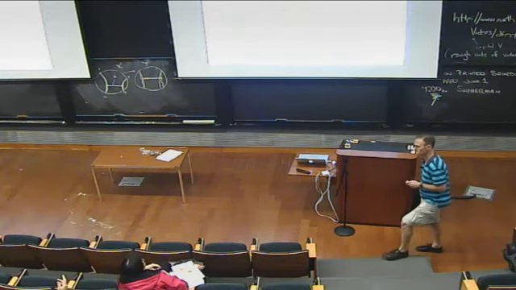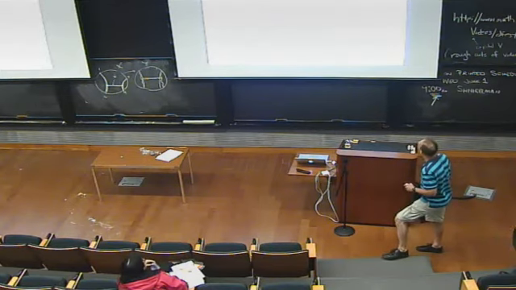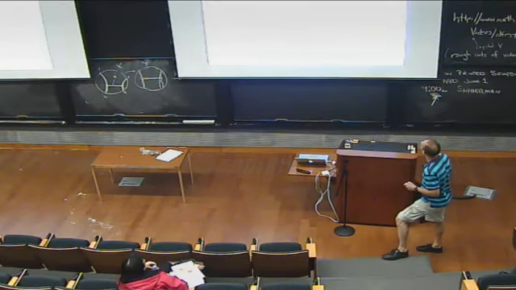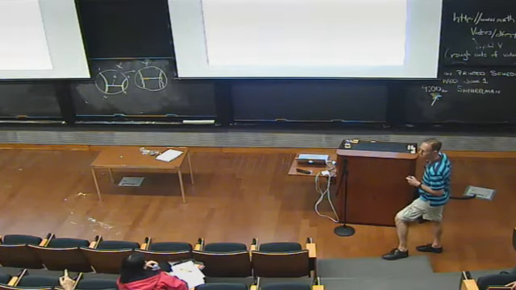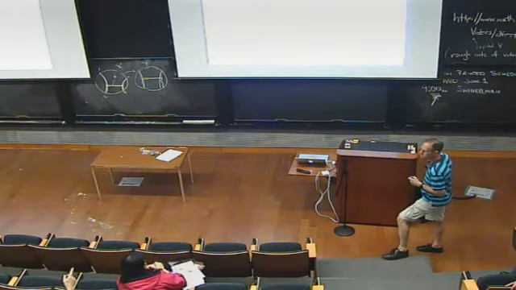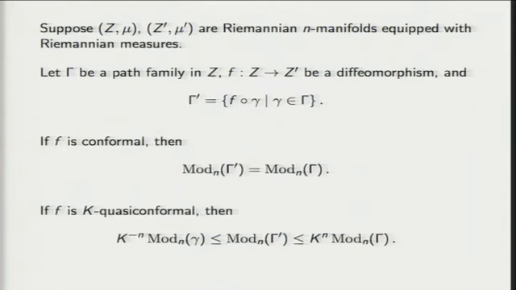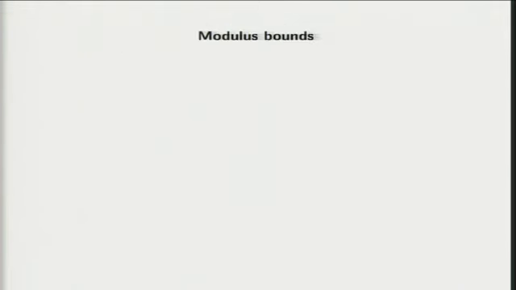Greater than or equal to 2 in this theorem. Yes, thank you, I should have said that. So using the fact that you have a Radon-Nikodym derivative for the quasi-conformal map, and at least 2.